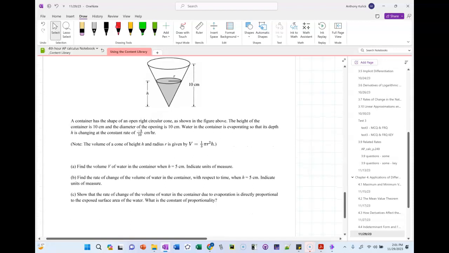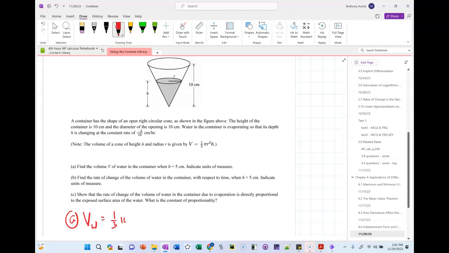So we know that the volume of water is 1/3 pi times the radius of the water squared times the height of the water. Not squared, come on. And we know the height of the water is 5, right?